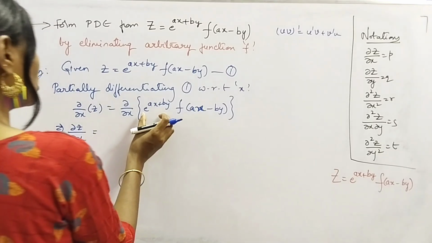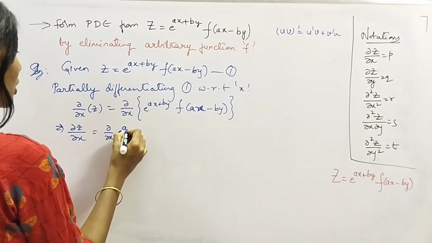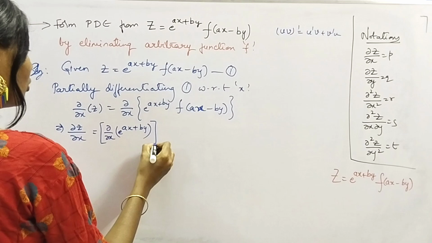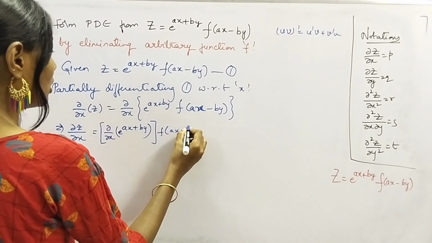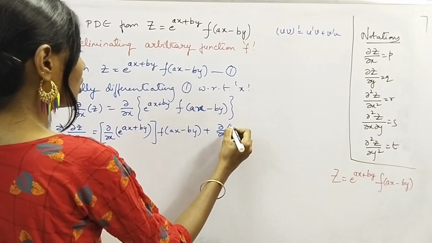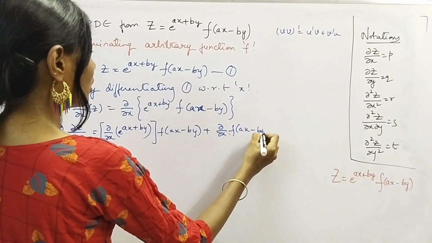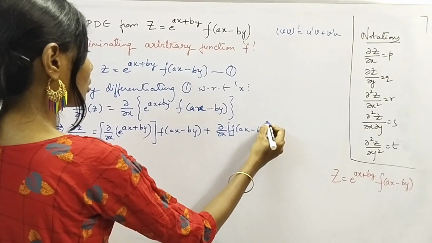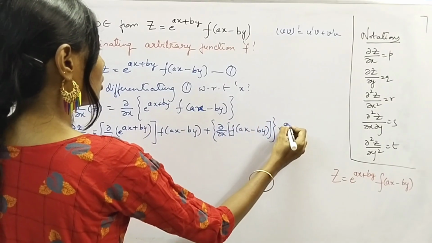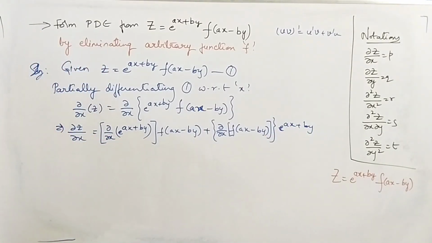Then we will get partial derivative of e power ax plus by into f of ax minus by plus partial derivative of f of ax minus by into e power ax plus by, right? Fine.